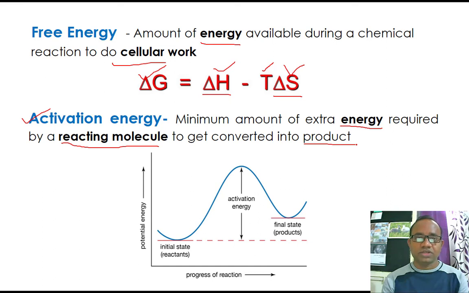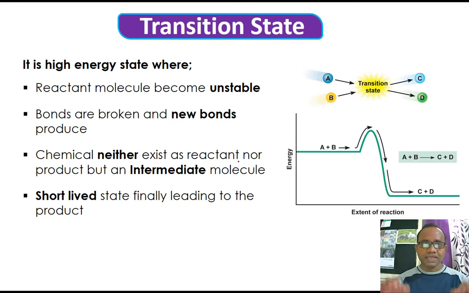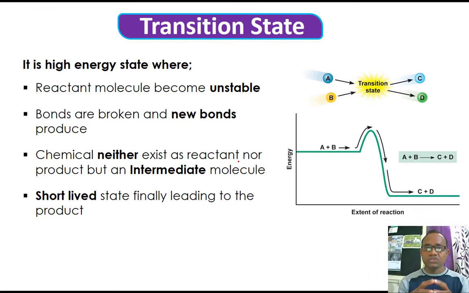For example, in chemical reactions, when the reactant molecules at their initial state finally produce the product here, to do this they have to cross this much of the energy barrier, and this is called the activation energy, right?